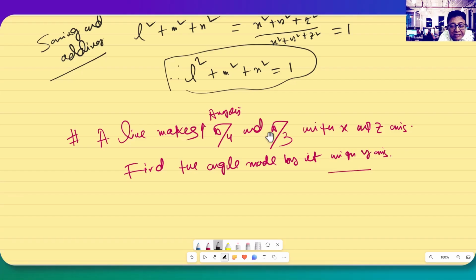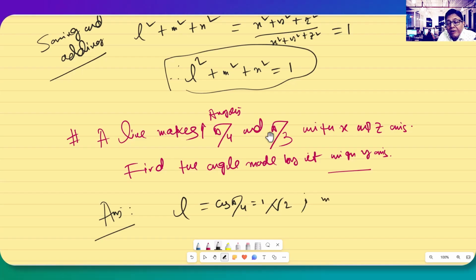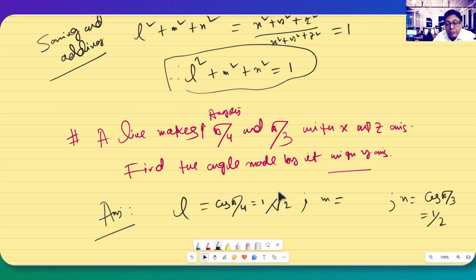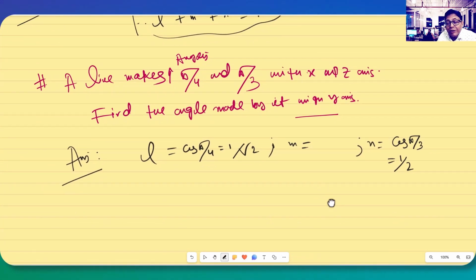How to get this? We use the relation. What is L over there? Cos pi by 4, that is 1 by root 2. What is M over there? We have to find. N is cos pi by 3, that is 1 by 2. Now, L square plus M square plus N square equal to 1.